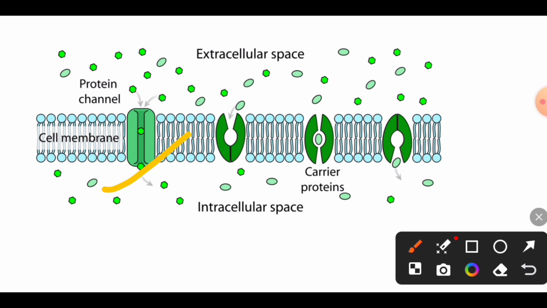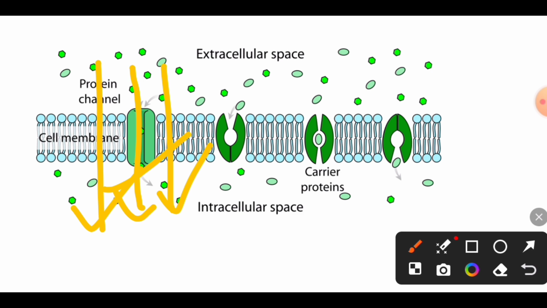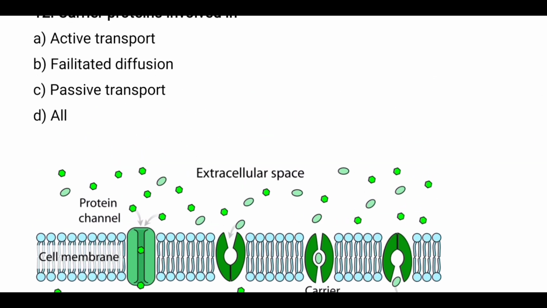Carrier proteins bind to the substance and carry it across the membrane, but channel protein gives continuous passage for the movement of ions, maybe particular types of ions. So this is about channel protein and carrier protein.